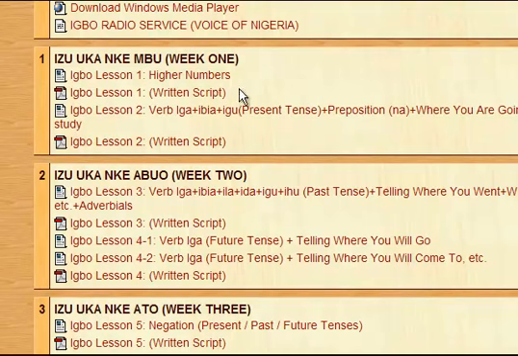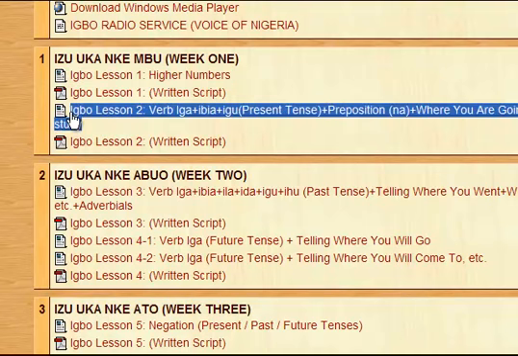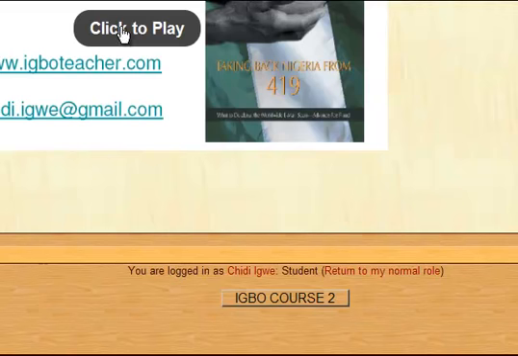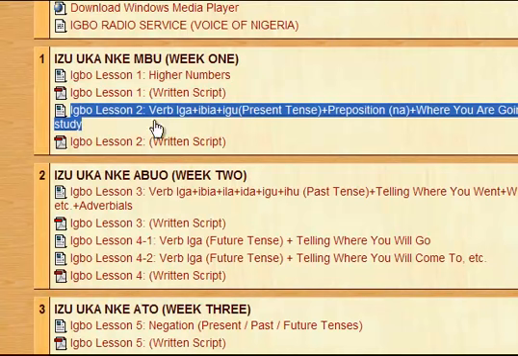Izuka nke mbụ, you are expected to do ihe ọmụmụ nke mbụ and ihe ọmụmụ nke abụọ. Click on it and then click here to play. As you play the audio, the audiovisual, you also have the written script here that you can download and then follow it as you listen to your teacher.